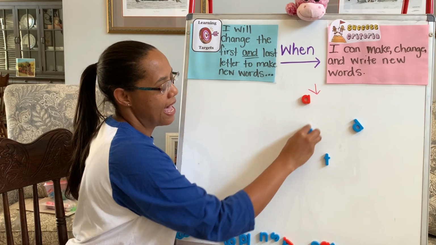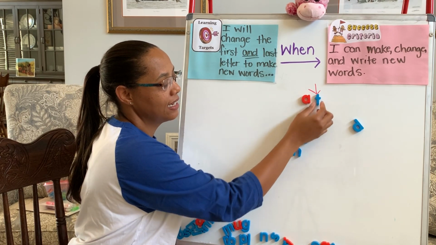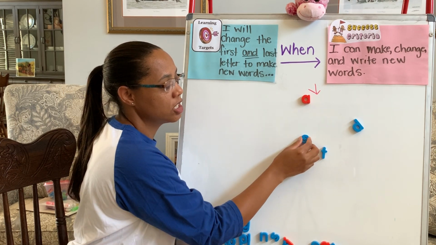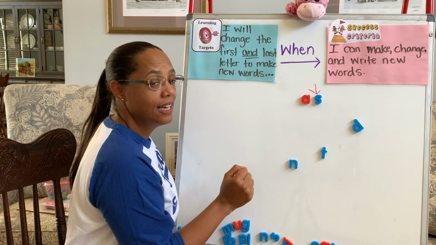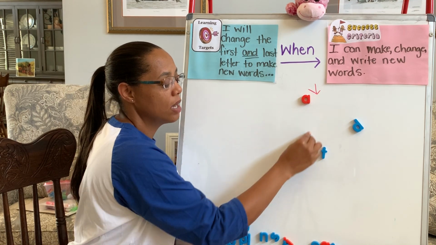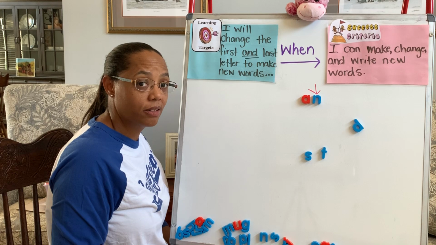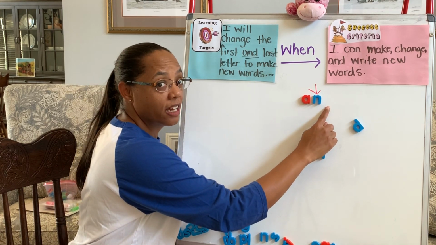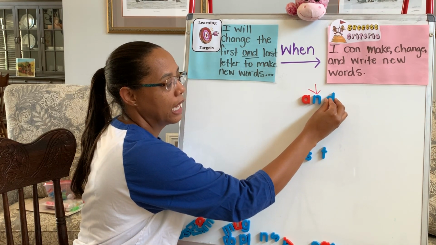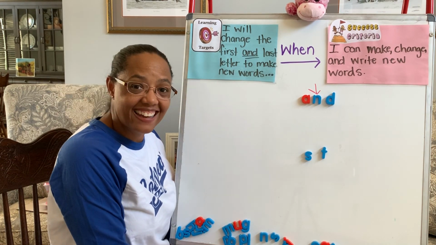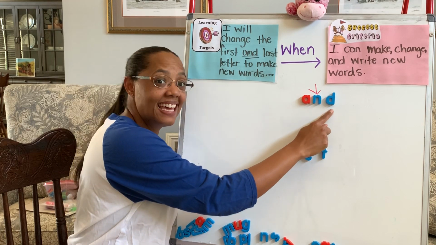All right, so we had at, then we had and then we changed it to as. Now I'm going to change it back to and. And you know what? I'm going to add a letter to make another word. What is this? What? You got it. It is the word and.